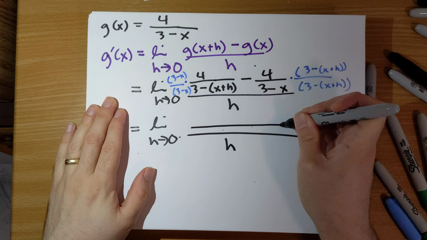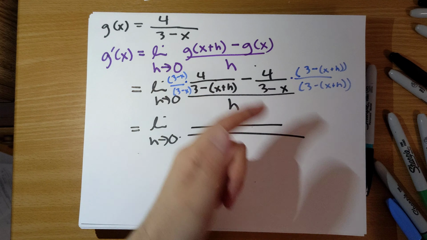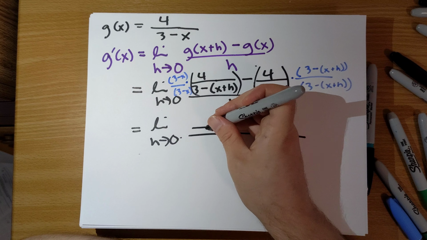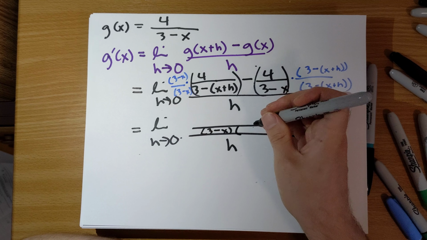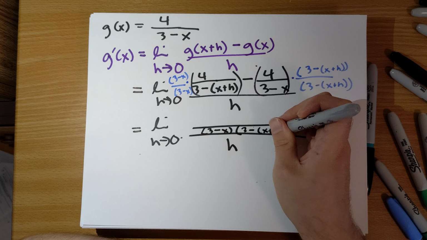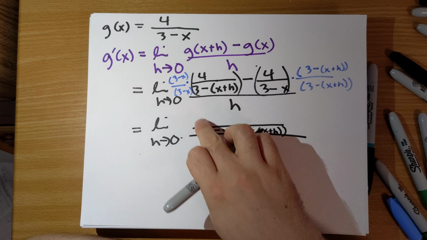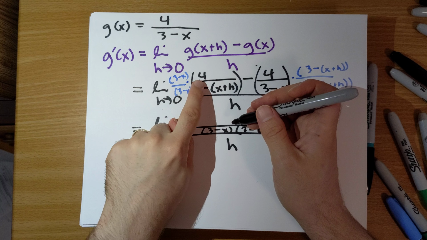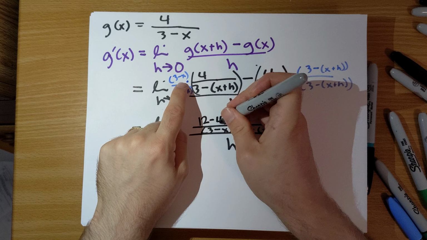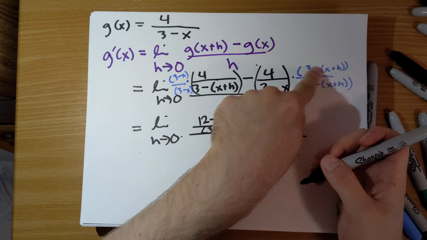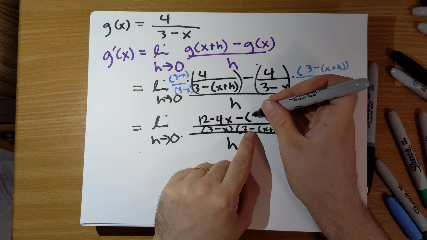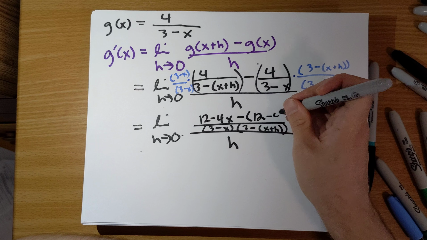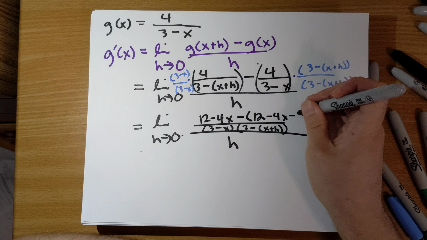So the denominator of our new numerator here is going to be 3 minus x times 3 minus x plus h. And then the numerator here is going to be 4 times 3 minus x. So that's going to be 3 times 4 is 12 minus 4x. Minus 4 times this expression over here. 4 times 3 is 12. 4 times negative x will be negative 4x. And then there will also be a negative 4h there.